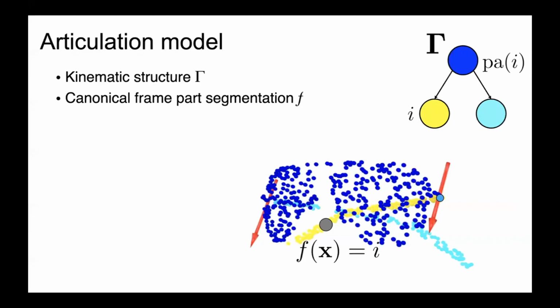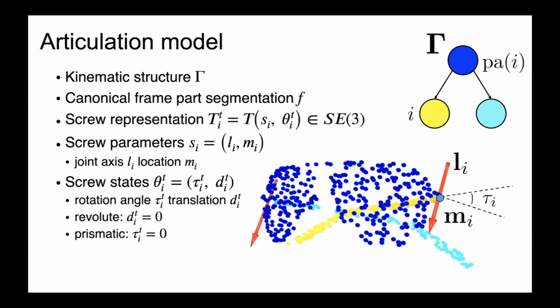It's an implicit part field, which takes in the coordinate of the point and outputs what part it is in, right? So this is our kinematic tree and the canonical segmentation. And then we have articulation parameters. We represent these using screw parameters, but you could use other things as well, which essentially define where the joint is, what the axis of the joint is, and where it is located, right? So that's the screw parameterization.